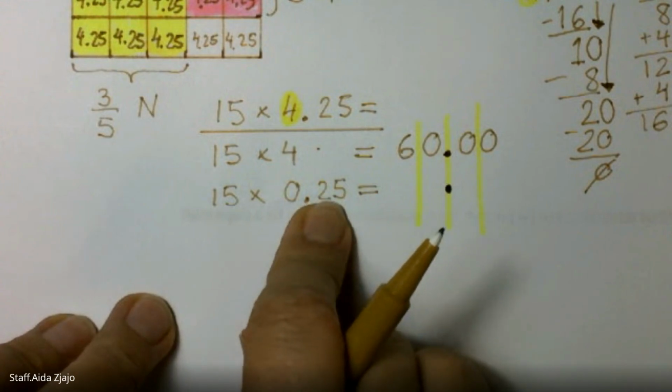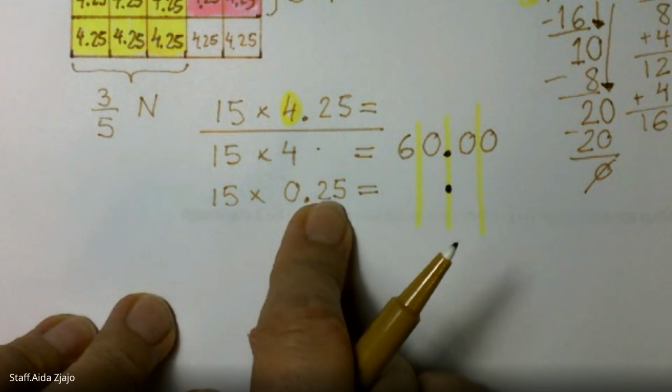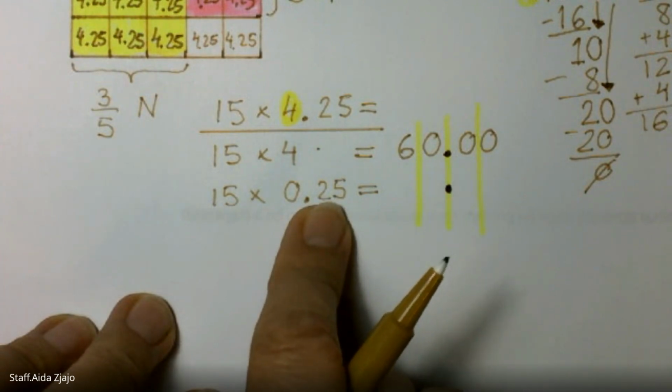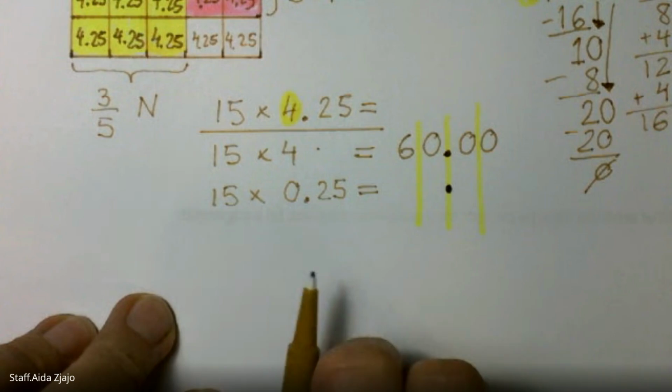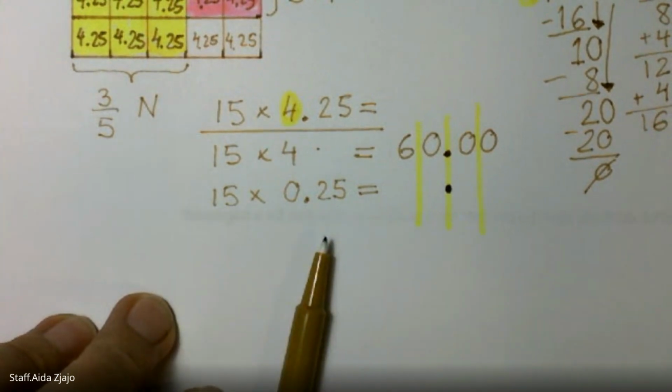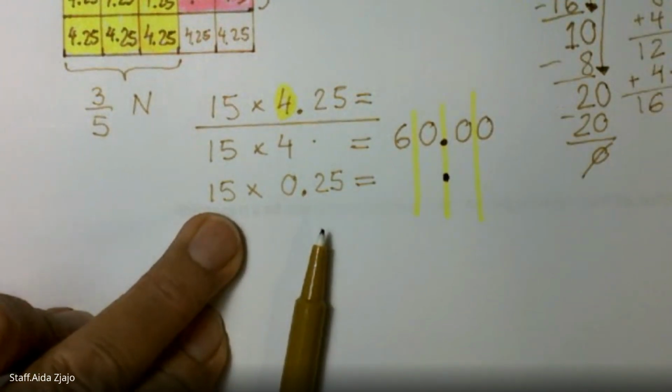So now I'm thinking, okay, 15 times 0.25, 15 quarters, how much is that? If you think 15 quarters, how many quarters make $1? If 4 quarters make $1, so that means I have 15 of them.